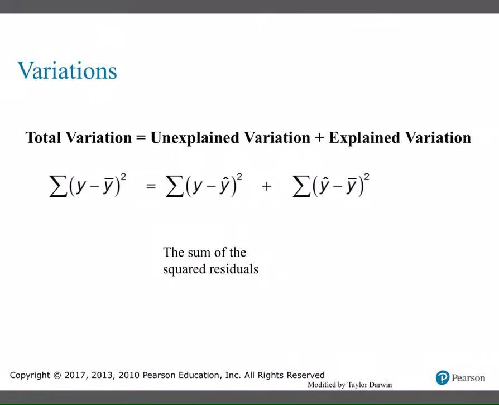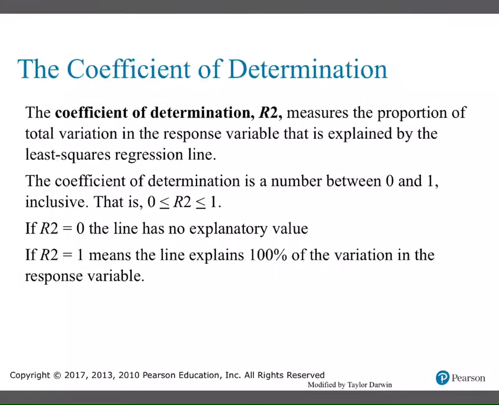It also shows how you could find the total variation. It's the sum of the unexplained variation plus the sum of the explained variation. We don't do that much in this class, but just so you know, this is how you would find the variation if you wanted to.